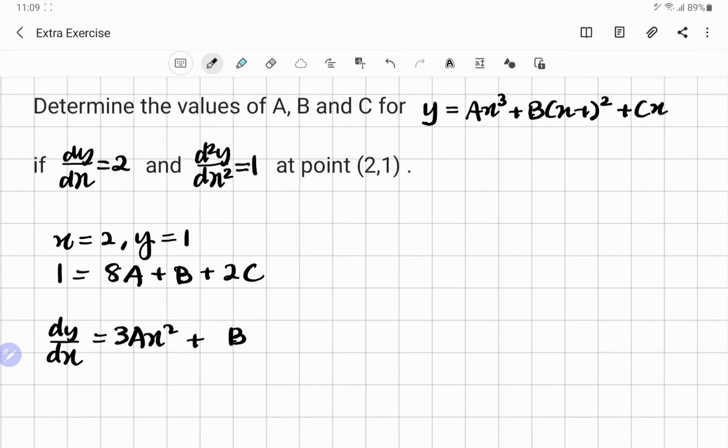We're going to get 2 times b times (x minus 1), power 2 minus 1 is 1, and differentiate the inside function is 1. Then differentiate cx is c.